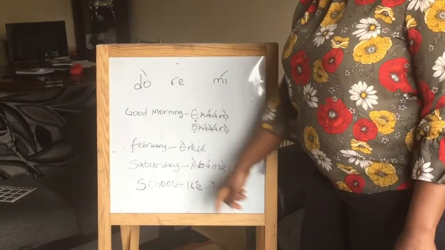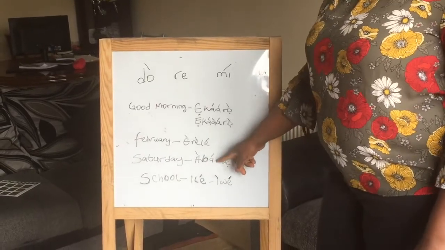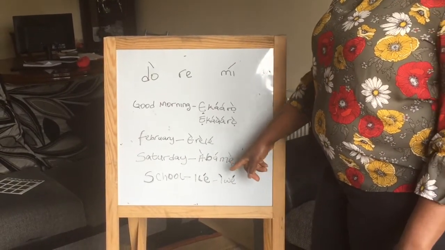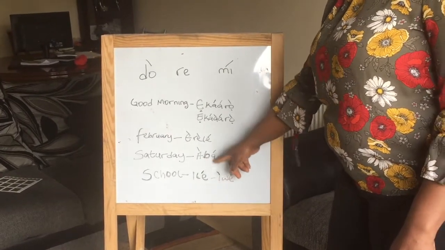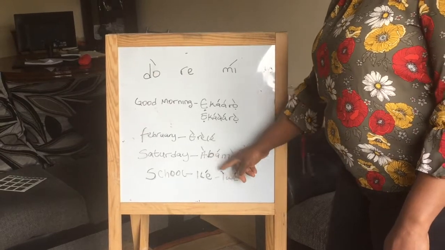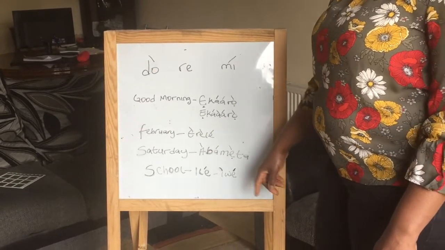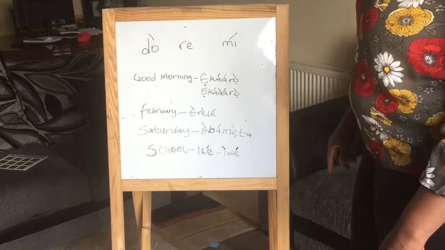So Saturday we said is abameta. If we look at abameta now, that is how many syllables? 4 syllables. Abameta. Abameta. Do mi re.